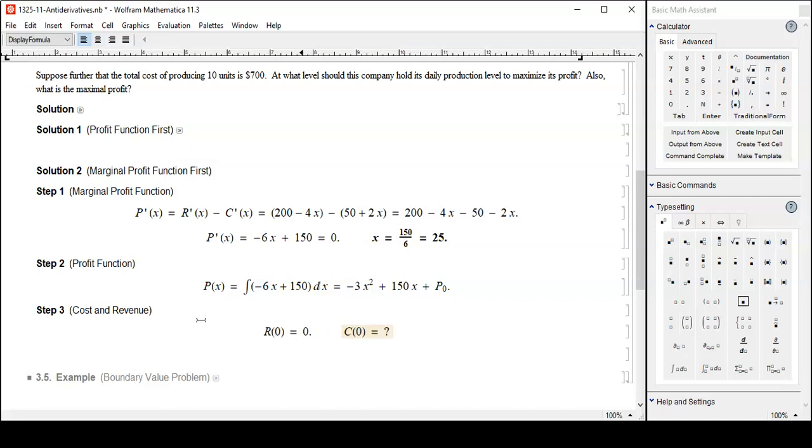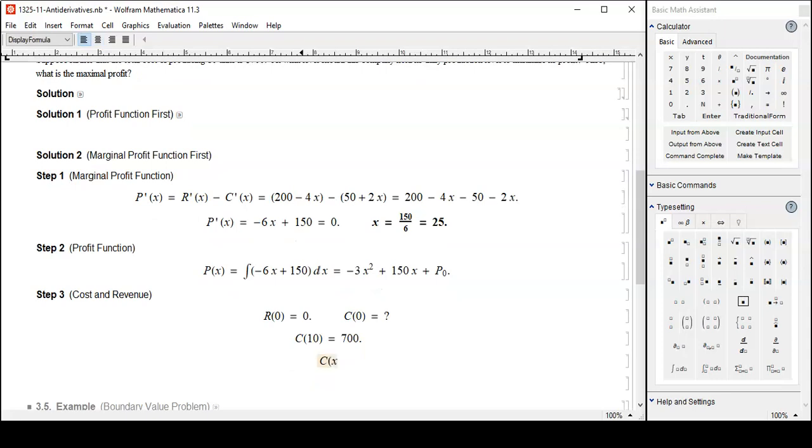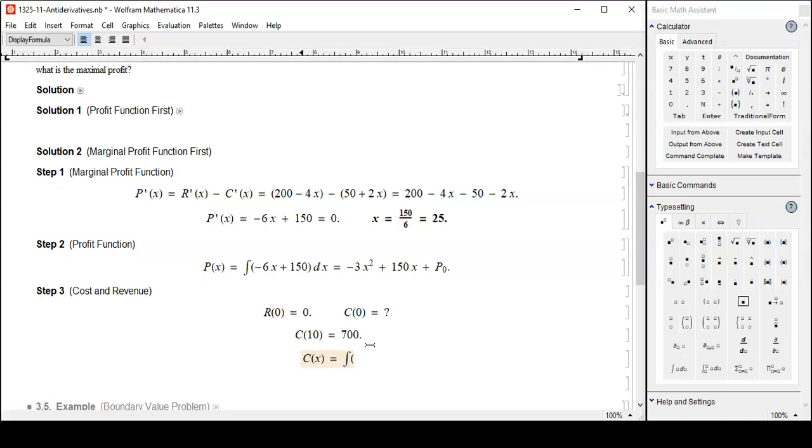If you produce 0 units, what's your cost? I don't know that, but I do know this. So from here, can I find something out? Oh, well, cost function is, let's see, what is the cost function?